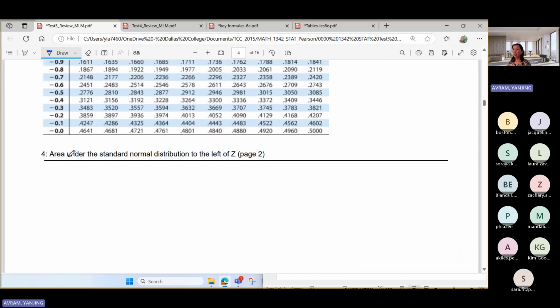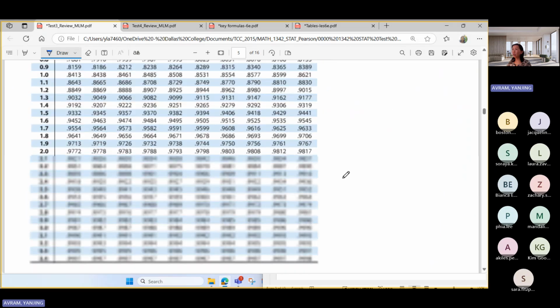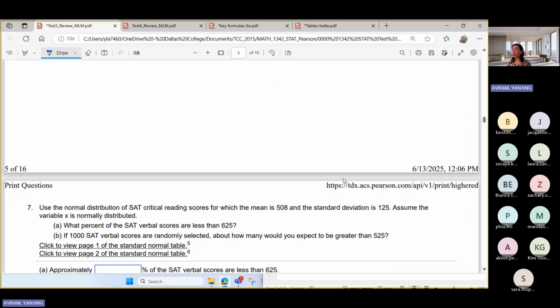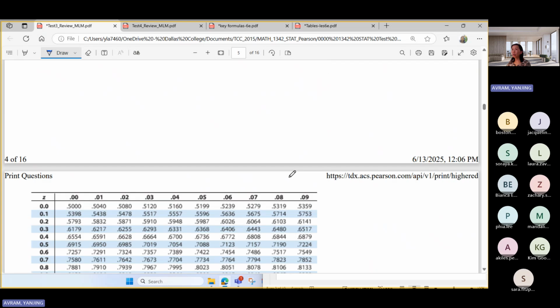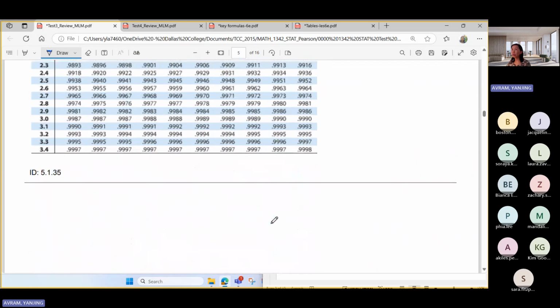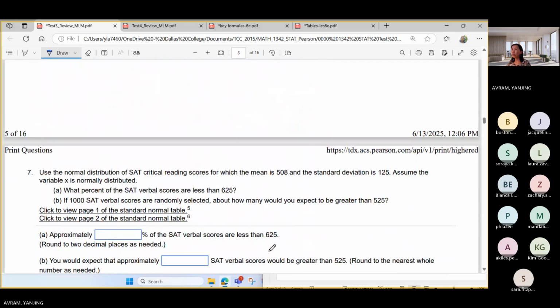Under the normal distribution, find the area to the left of the z-score. So you have to read what the z-score is to the left.